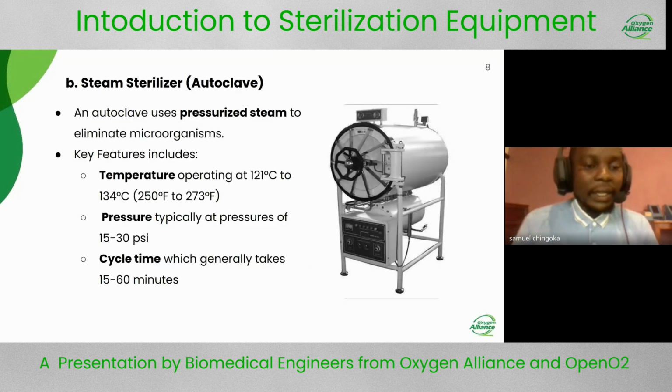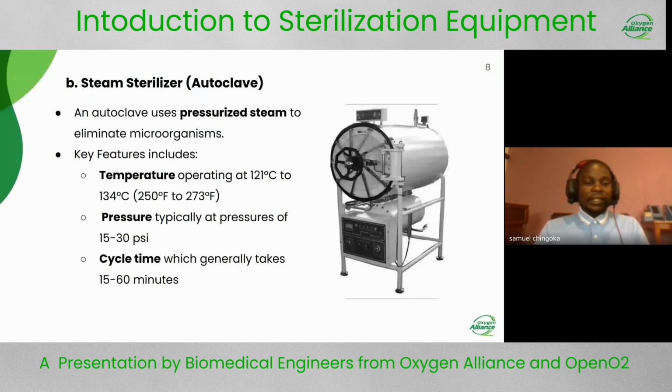Under the heat sterilization equipment, as I said, we have the dry heat and we have those for steam. The steam sterilizer is also known as an autoclave. An autoclave uses pressurized steam to eliminate microorganisms.